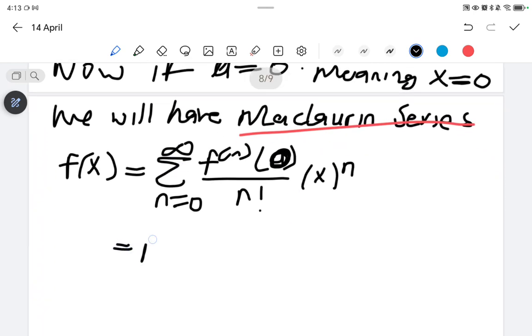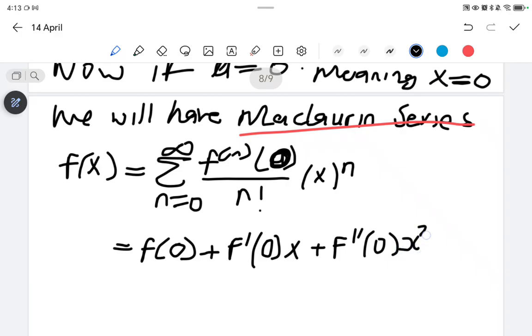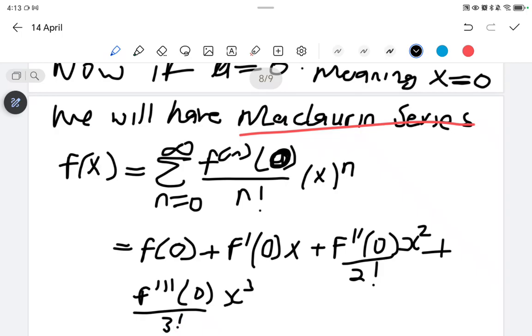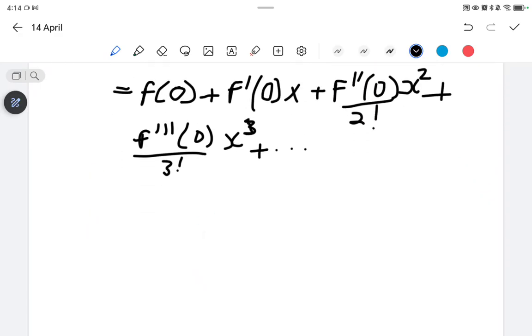It equals f of 0 over 0 factorial, plus f prime of 0 x over 1 factorial, plus f double prime of 0 x squared over 2 factorial, plus f triple prime of 0 x to the 3 over 3 factorial, and this would occur until infinity. So now this is our Maclaurin series.